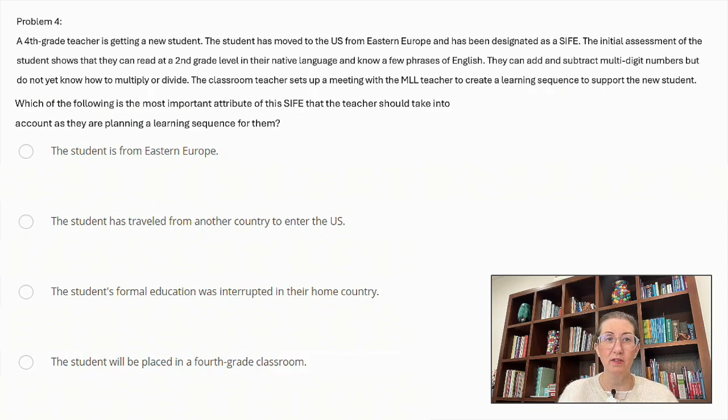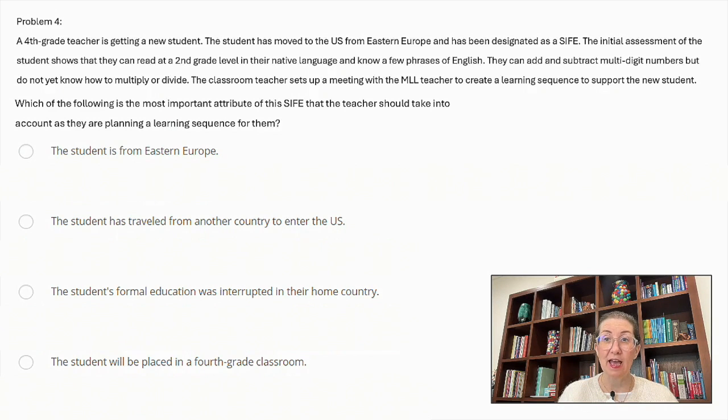Problem number 4. A 4th grade teacher is getting a new student. The student has moved to the United States from Eastern Europe and has been designated as an SIFE. The initial assessment of the student shows that they can read at a 2nd grade level in their native language and know a few phrases of English.